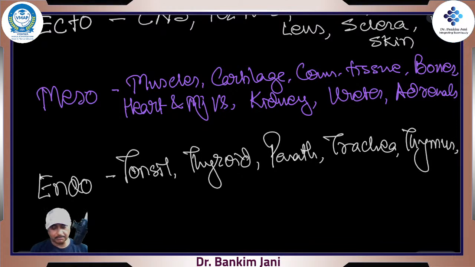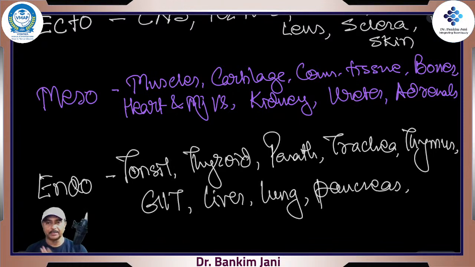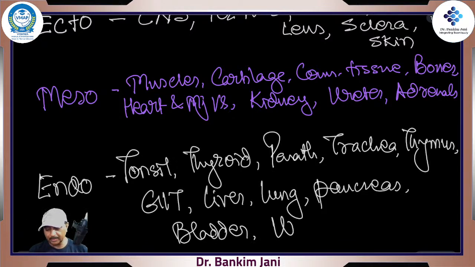Thymus, then GIT, right? GIT, then liver, lungs, pancreas. So basically, it is over there. And as you go down, the bladder, the urethra, that is by endoderm, right?